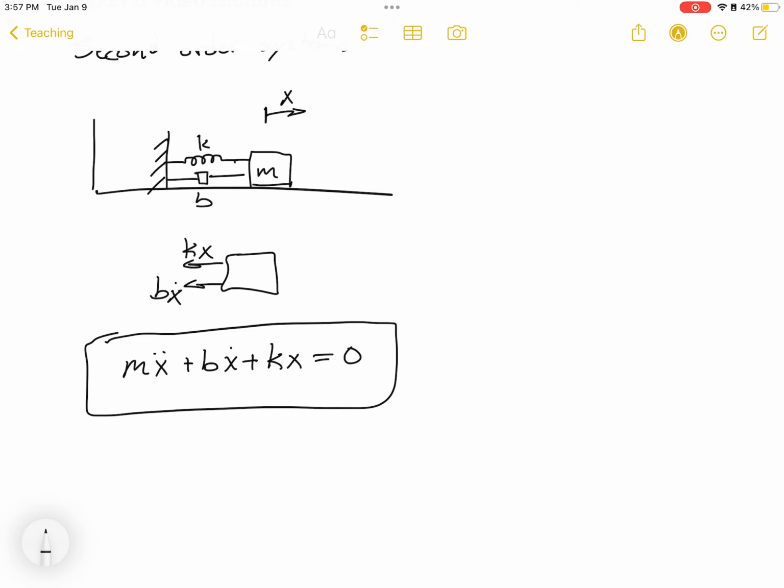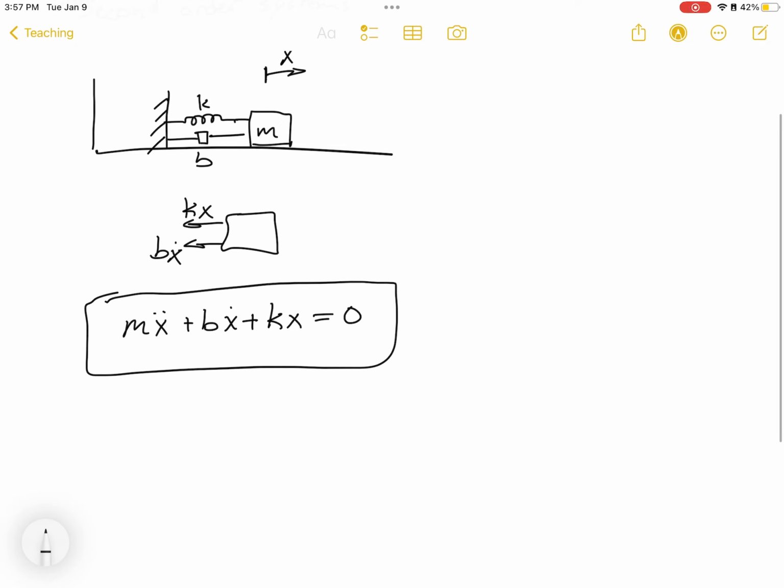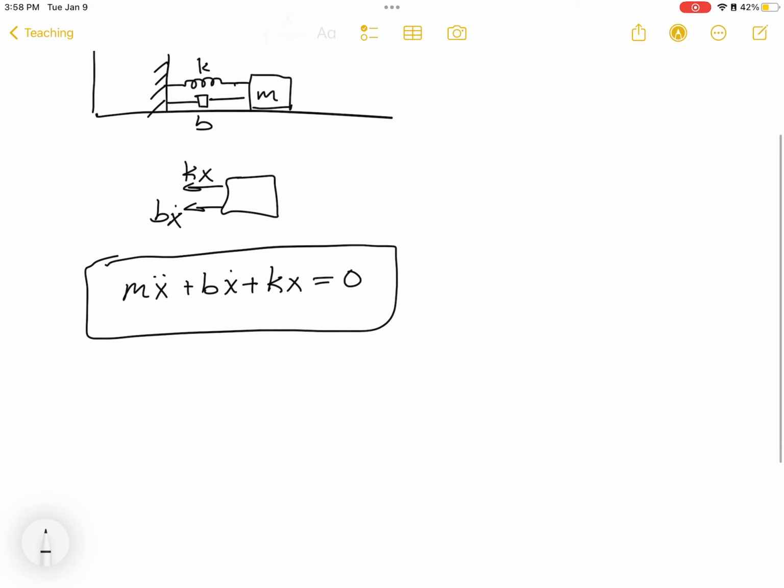And so this equation is specific to the system that I just drew. The m for the mass is specific to the system. Same with the damping coefficient and the spring constant. And so we want to be able to write this in a way that is more generalizable. So we're going to have what's called a general form of these linear constant coefficient second order differential equations.